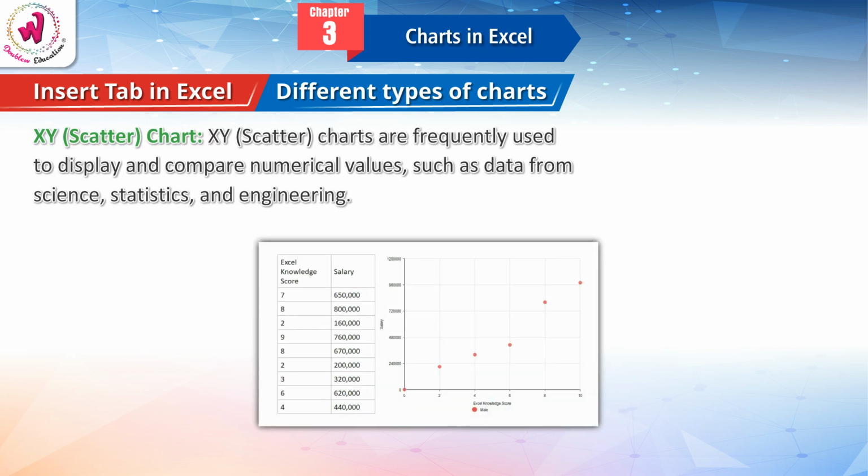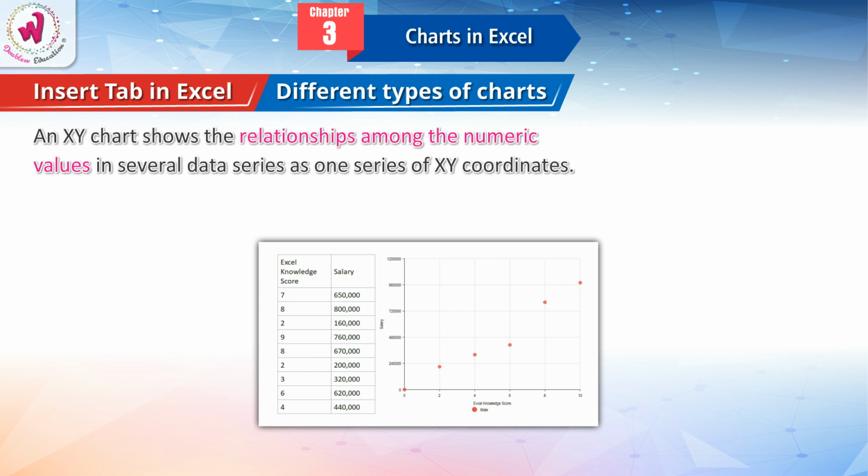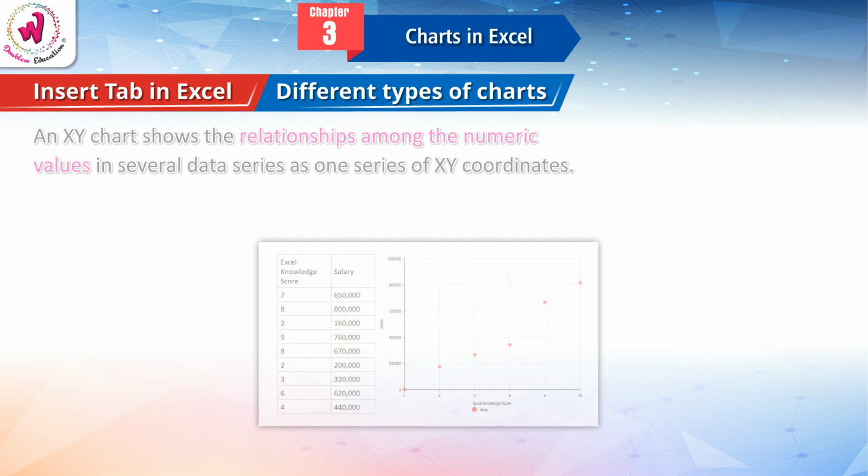XY scatter chart. XY scatter charts are frequently used to display and compare numerical values such as data from science, statistics, and engineering. An XY chart shows the relationships among the numeric values in several data series as one series of XY coordinates.